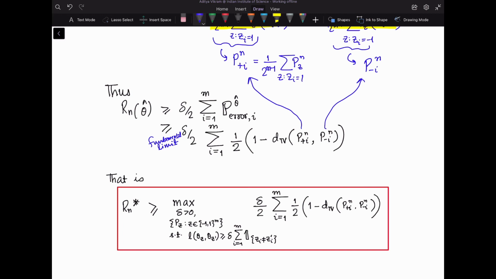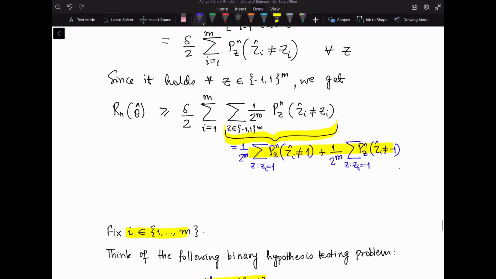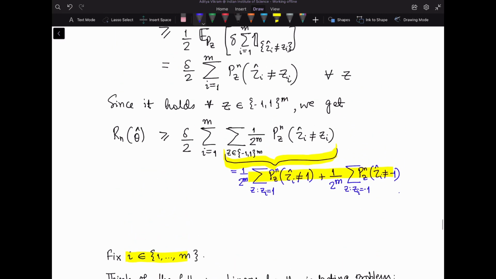Instead of applying Fano's inequality, which lower bounds probability of error for a multiple hypothesis testing problem, here you have multiple binary hypothesis testing problems, and so you use this total variation bound for each one. You could reduce it to a binary hypothesis testing problem because you have a guarantee on the probability of error for each bit.